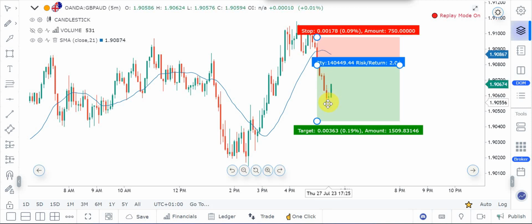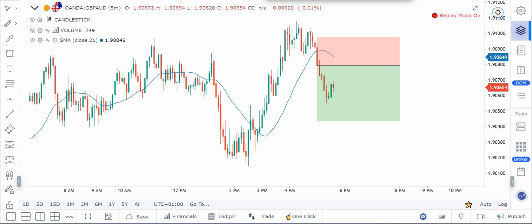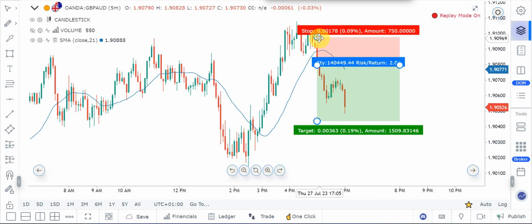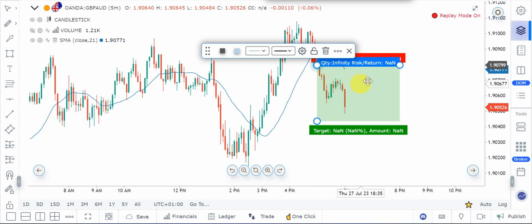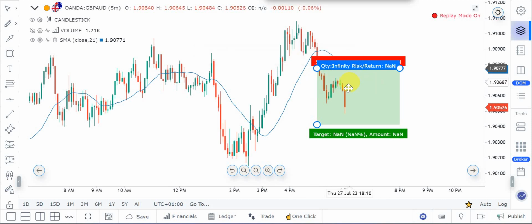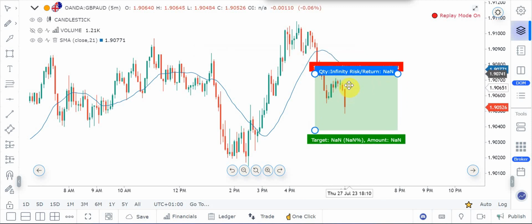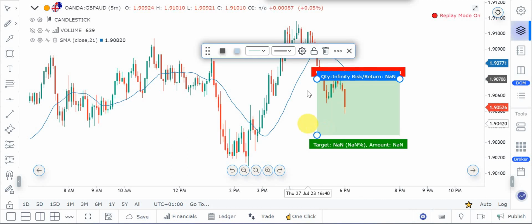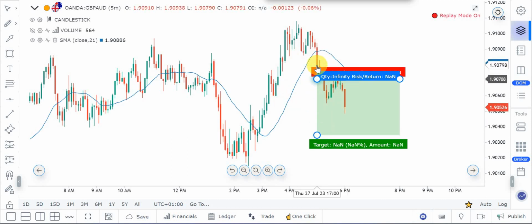And now we are just hoping that our TP will be hit. Let's see. Now when the market gets to this point, I want to be moving to break even. If possible, I will shift my stop loss to this point, right? I don't know if you can see what I'm talking about.